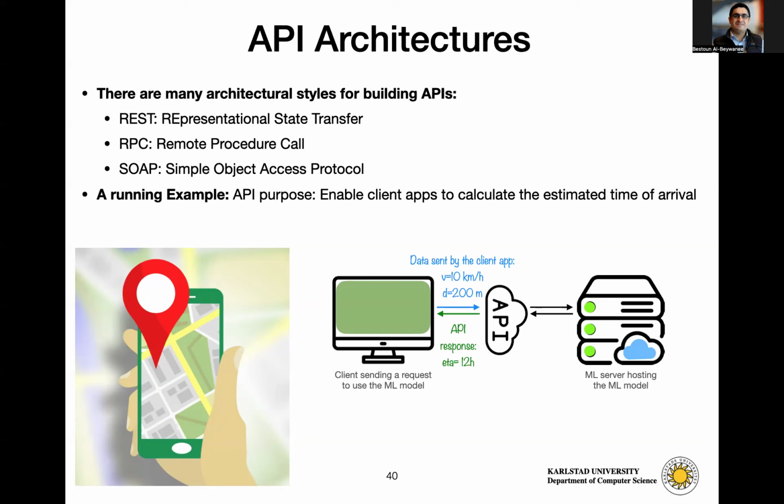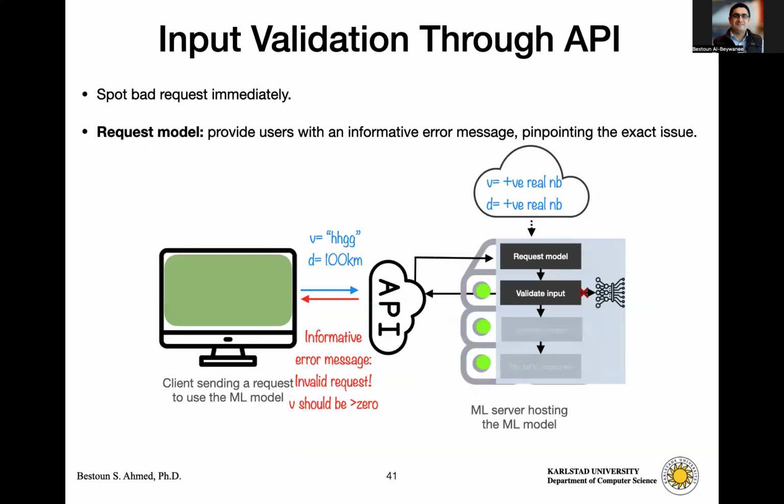However, if you look at this picture, you send some input data, you get some feedback as the output. However, this is not exactly what it should be. So you have steps for this. For example, we have to verify and do input validation for the API.